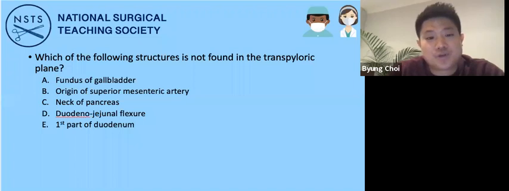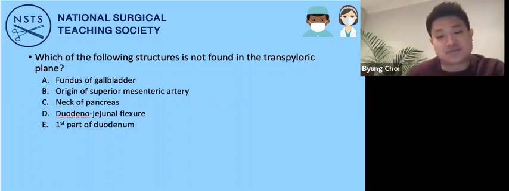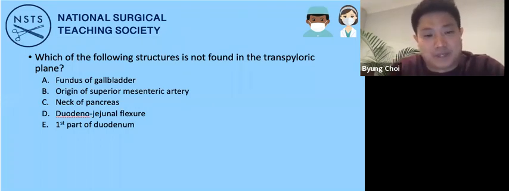Okay, so the transpyloric plane is another really key anatomical landmark that is asked about a lot. It's similar to the angle of Louis or the divisions of the thorax. It comes up a lot, so it's worth taking the time to learn the structures that pass through it.